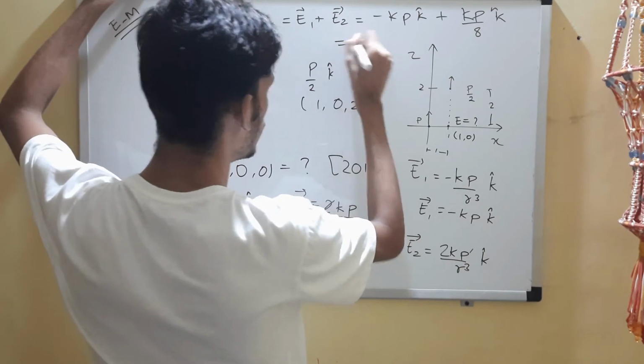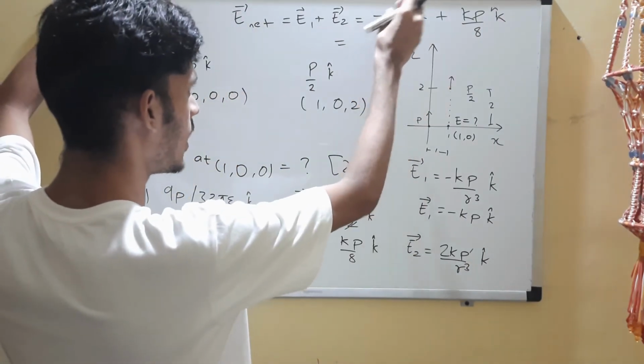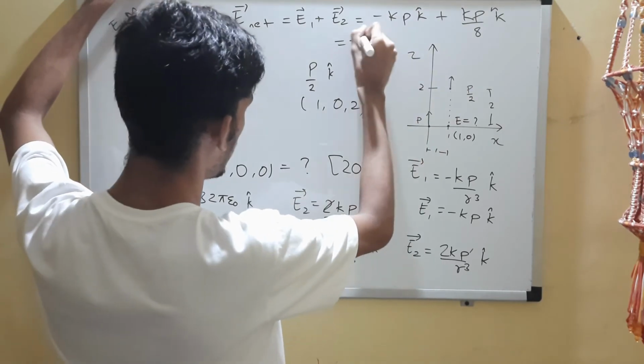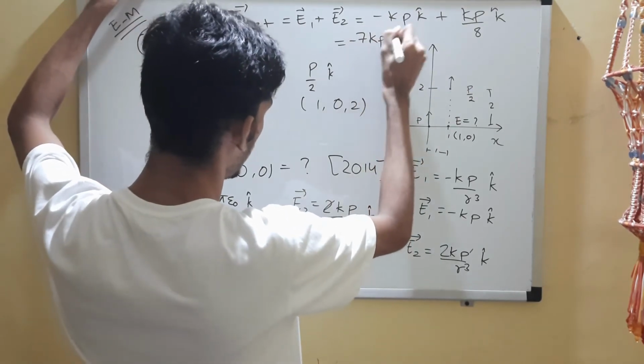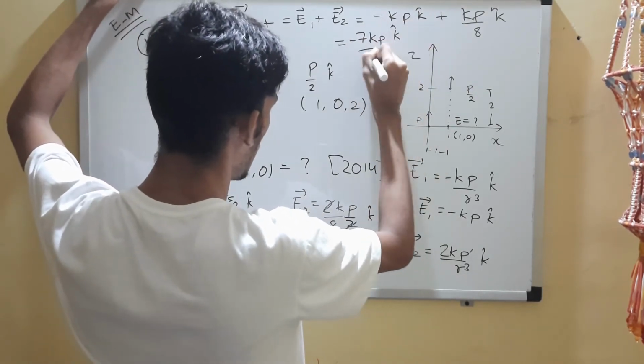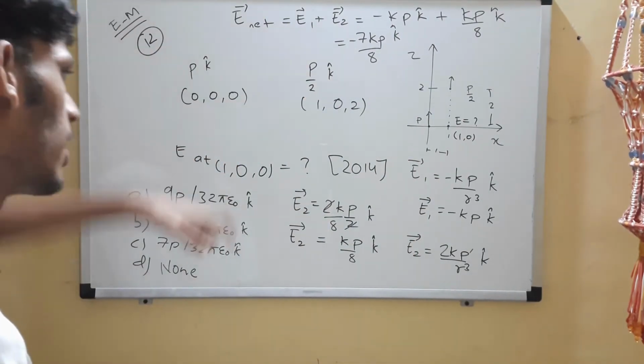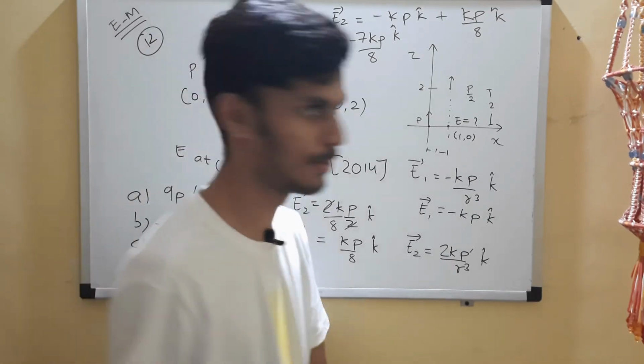What will that give you? That will give you minus 8 kp k cap plus kp k cap, that will be minus 7 kp k cap divided by 8. Now in place of that k, you can just put 1 upon 4 pi epsilon naught.